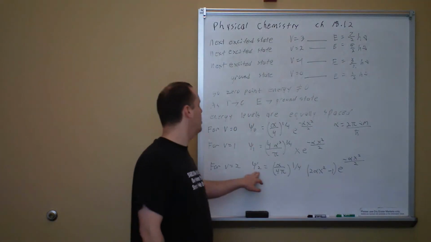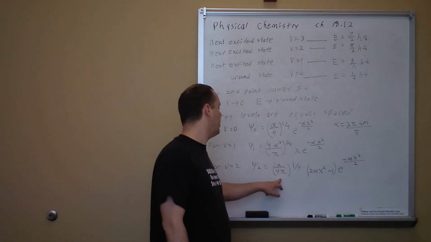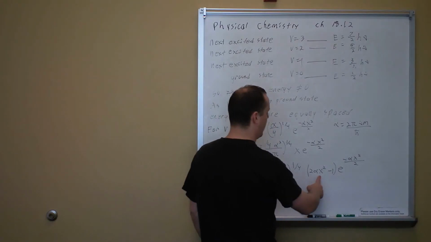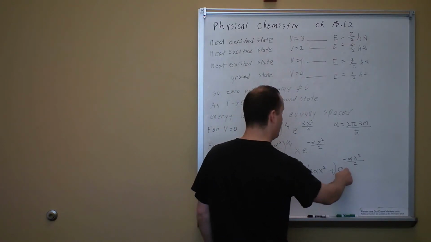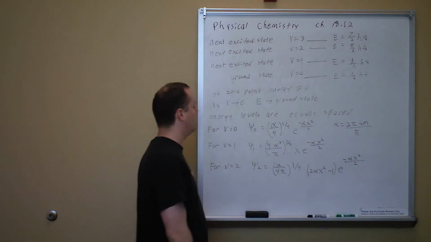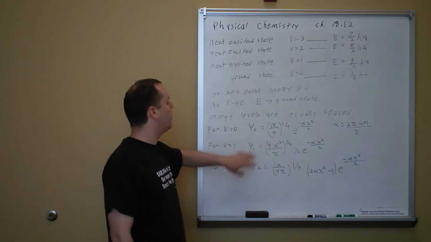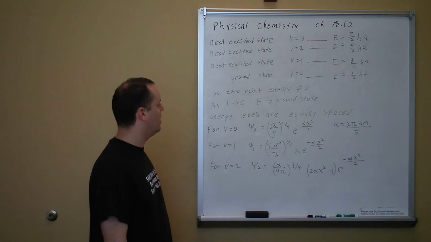For v equals 2, psi 2 is equal to alpha over 4π, all that to the 1/4 power, times 2 alpha x squared minus 1, times e to the minus alpha x squared over 2. I've never tried to derive these, I don't know where they come from, but you don't have to memorize them, just be ready to use them in a problem.